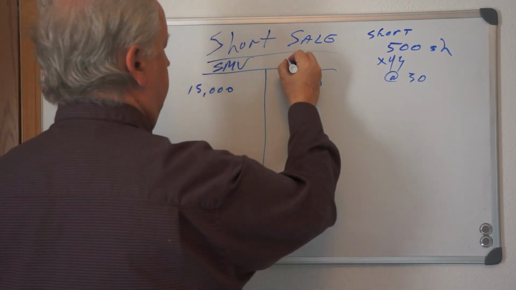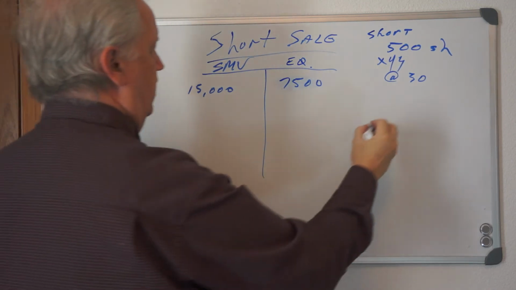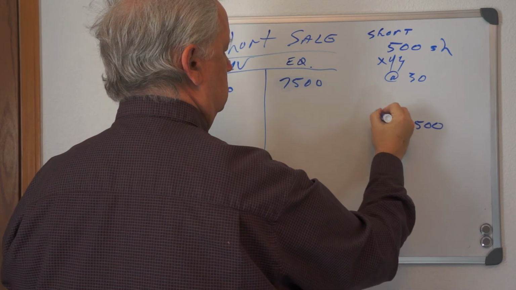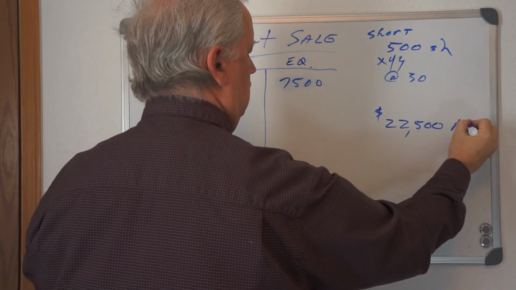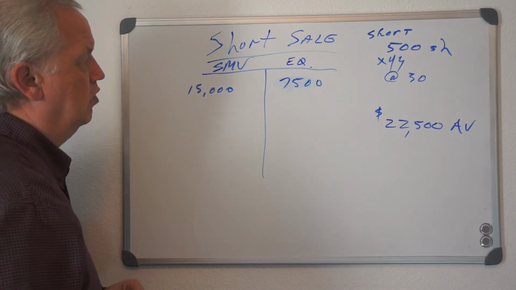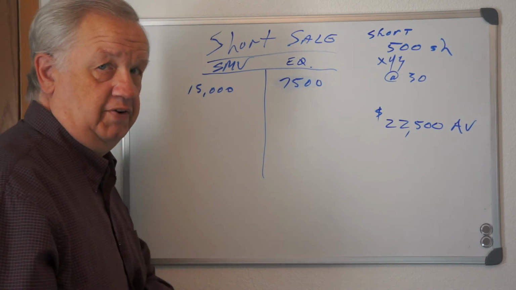This is your equity. So your total account value is 22,500. That's the account value. What happens if it goes down? If the price goes down, you're profitable.